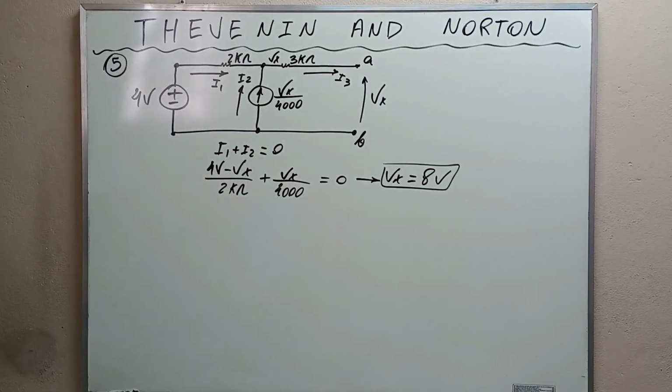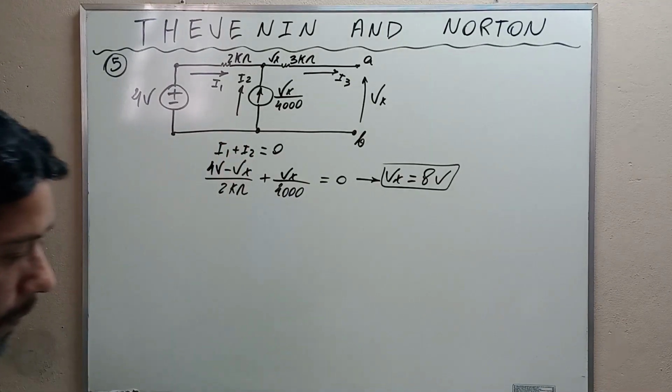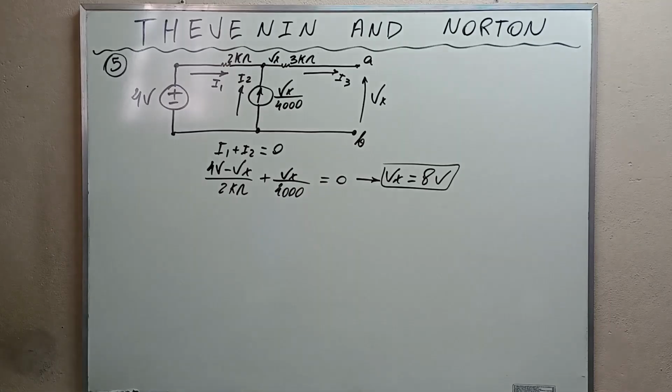We are going to use the short circuit current. Okay, this is a different method. Before, we calculated the equivalent resistance by setting the forcing terms at rest. But now we are going to calculate the equivalent resistance using the short circuit current.